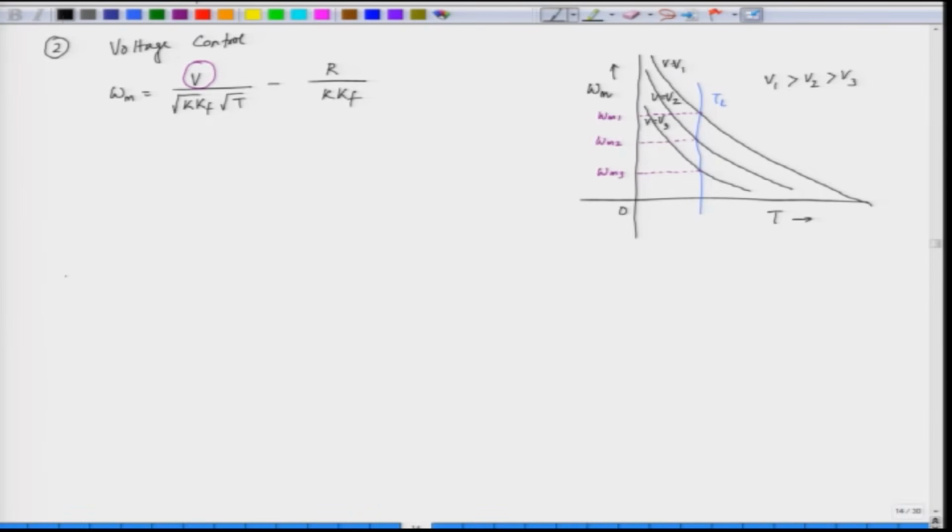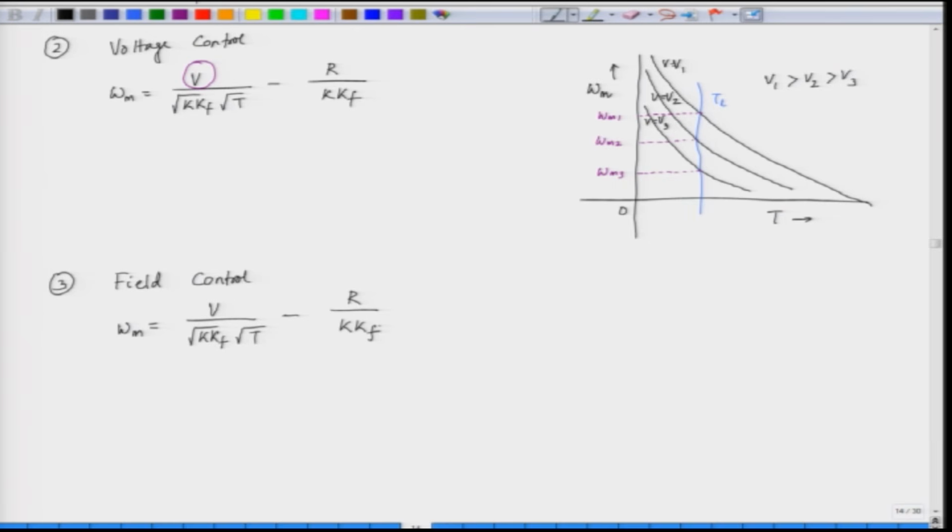Now, yet we have a third method of control, that is called the field control. Now, we write down the equation once again, omega m is V by under root k k f into under root T minus r by under root k k f.